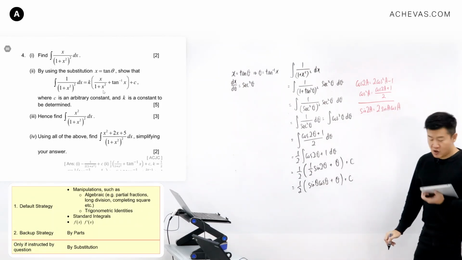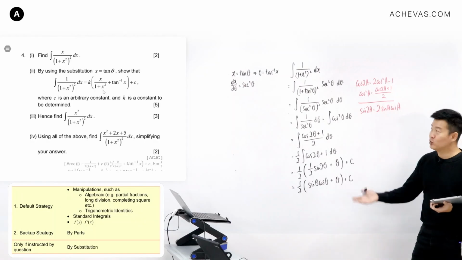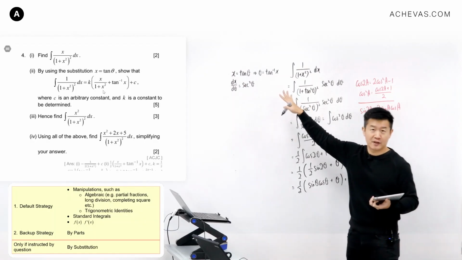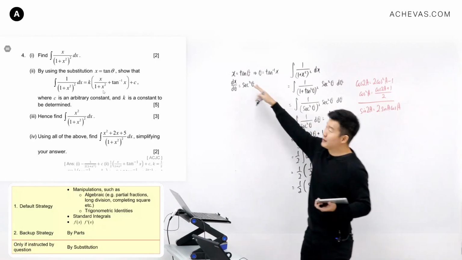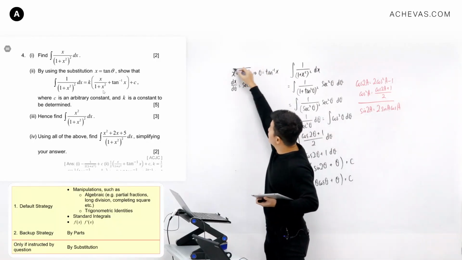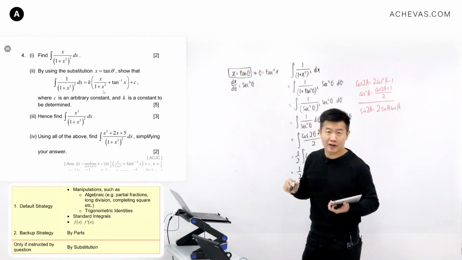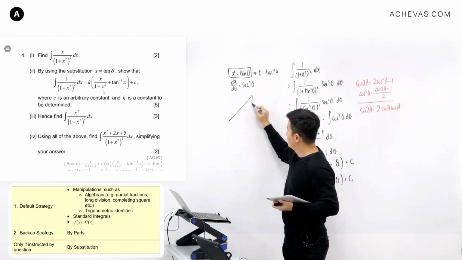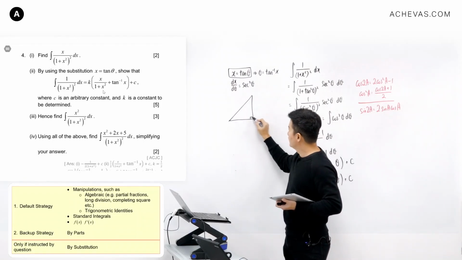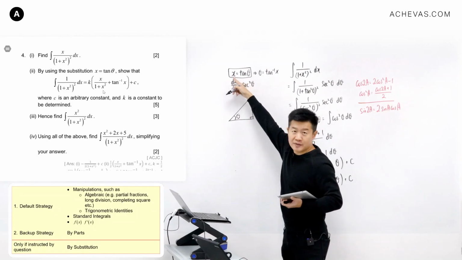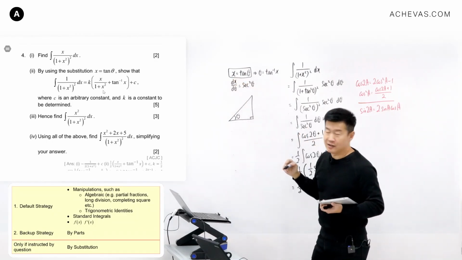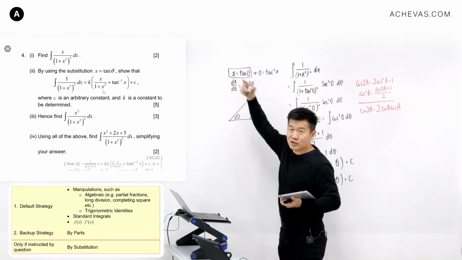And sine theta cosine theta, I think I can do the replacement by drawing for myself a right-angled triangle. I think that is very, very useful for this particular kind of question. So if I were to just focus on this and draw a right-angled triangle to this, then tangent theta is opposite over the adjacent. I can see x as x over 1.